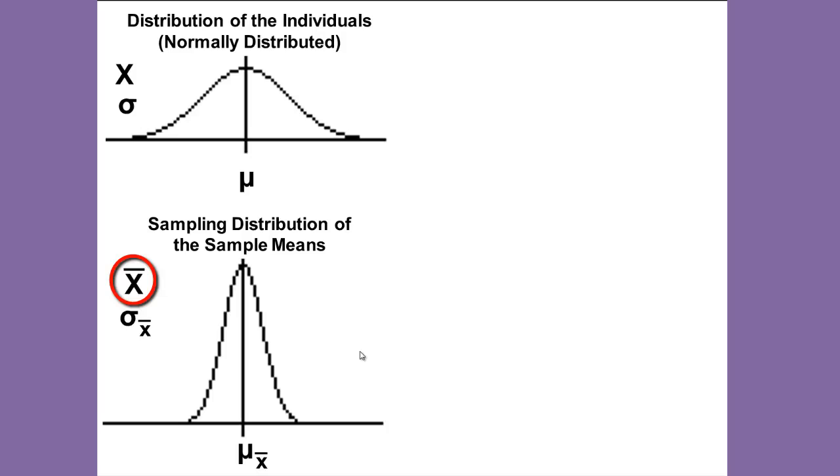So instead of dealing with X's as individual data items, we are dealing with X bar, the mean of every sample. And this sampling distribution has its own mean and its own standard deviation, and the central limit theorem will give us information on that.